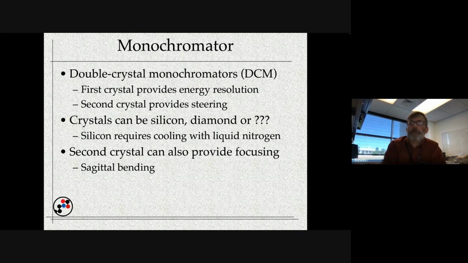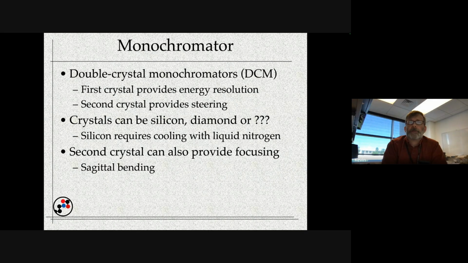As I mentioned in a previous slide, you get some bandwidth of X-rays coming out of the storage ring, and for most experiments you're going to want a much narrower bandwidth of energy, or basically as close to a single energy of X-rays as you can get mechanically.